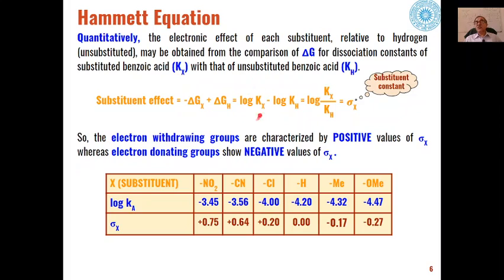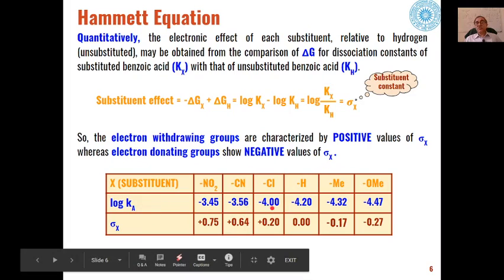Again, the dissociation constant Kx is for the substituted substrate and Kh is for the unsubstituted substrate. So likewise log of Kx divided by Kh is equal to sigma x, the substituent constant. Electron withdrawing groups will have a positive value of sigma, whereas electron donating groups will show a negative value of sigma.